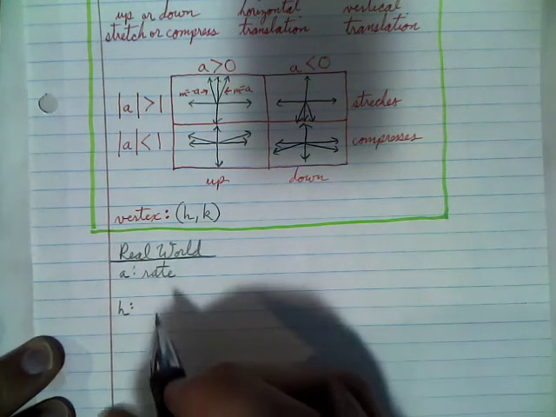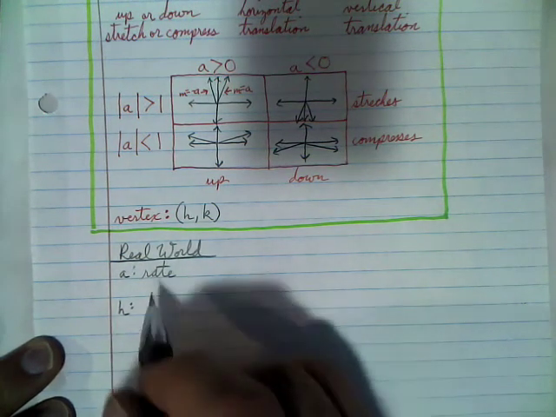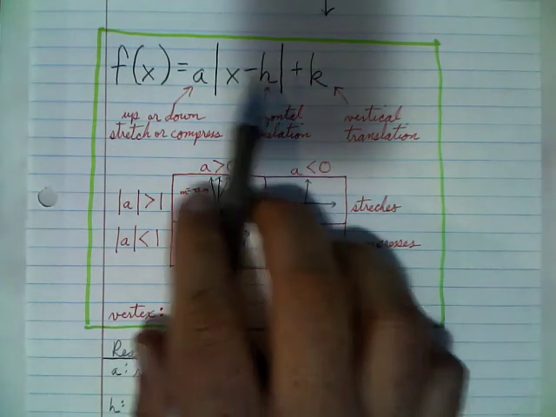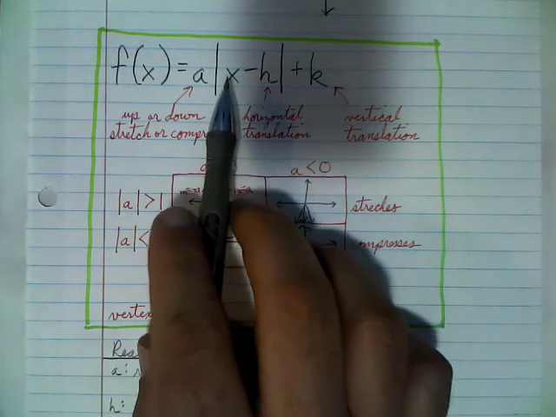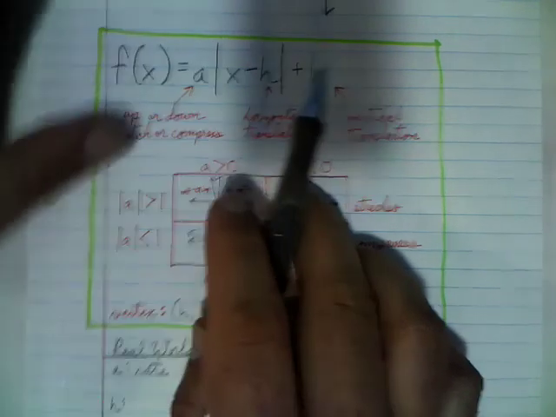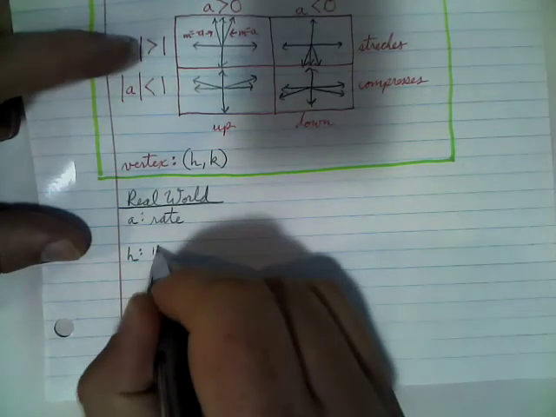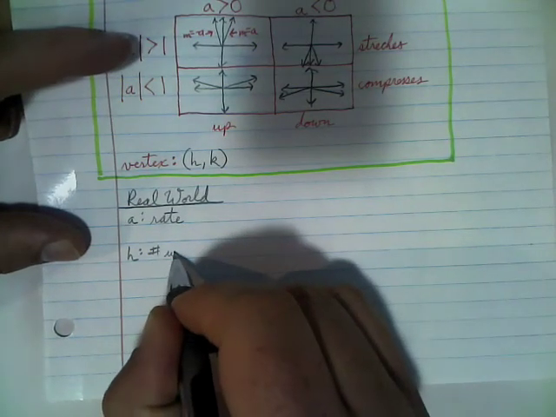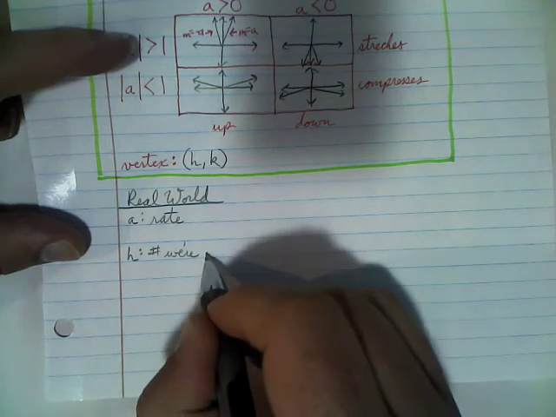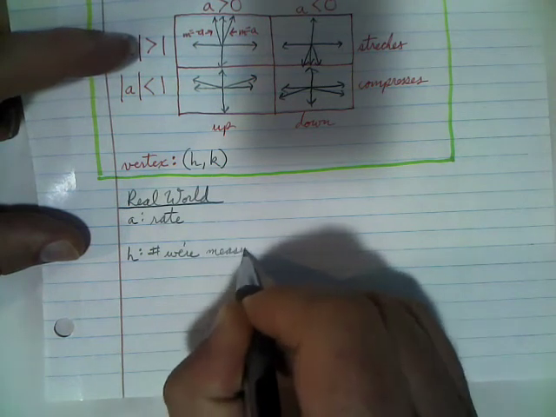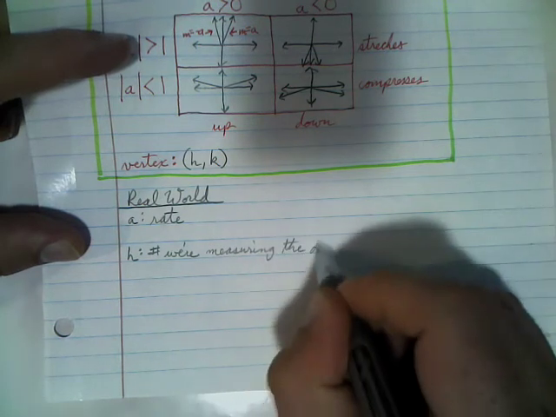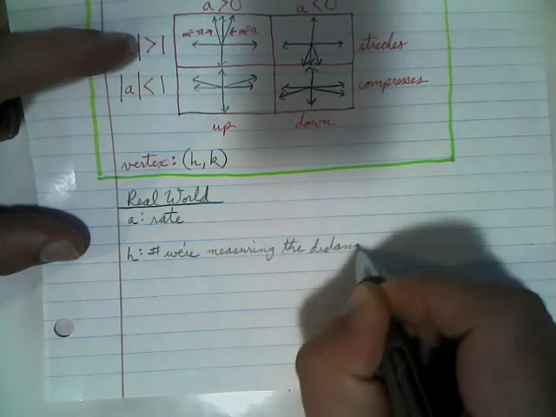H does a few things. So remember, if you have x minus something in an absolute value, we're no longer measuring the distance from 0, we're now measuring the distance from h. So h is now the number we're measuring the distance from.